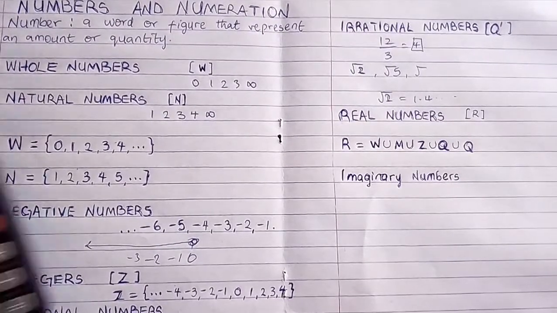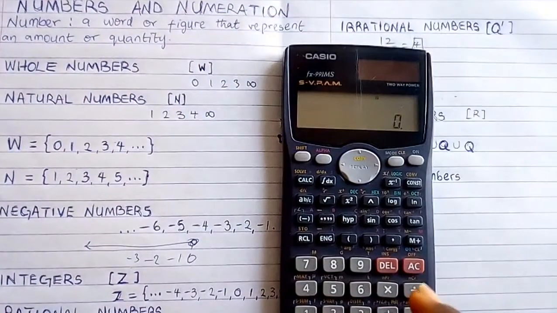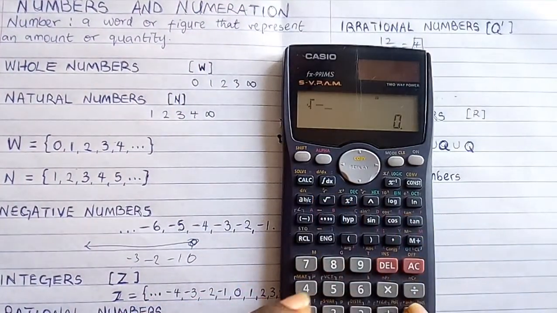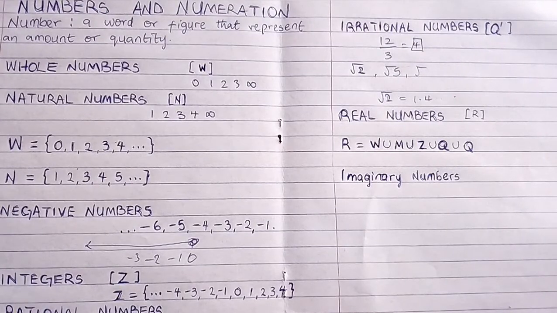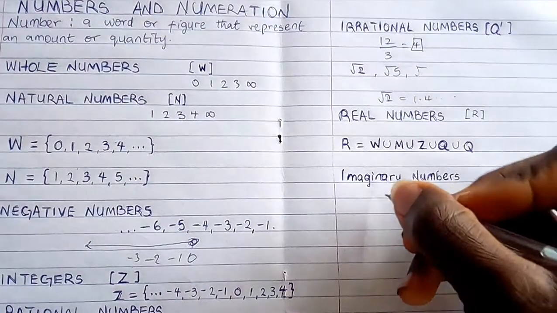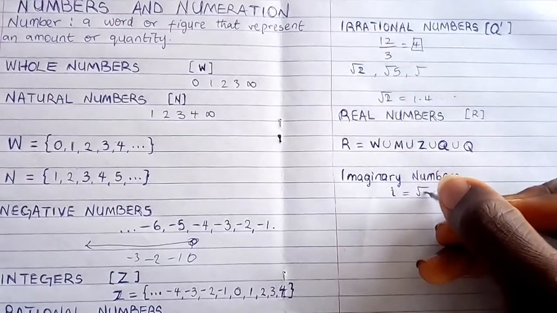Imaginary numbers are numbers that we believe exist, like through imagination. Take for example, when you press root minus 1 on your calculator, we believe this number exists. So root minus 1 is an imaginary number. It's normally denoted with i equals root minus 1.